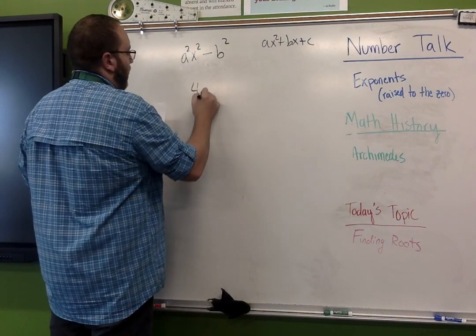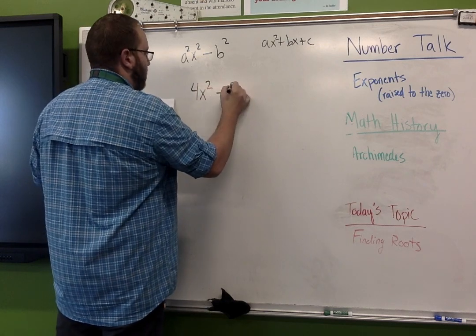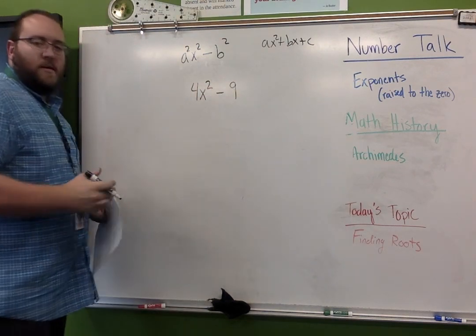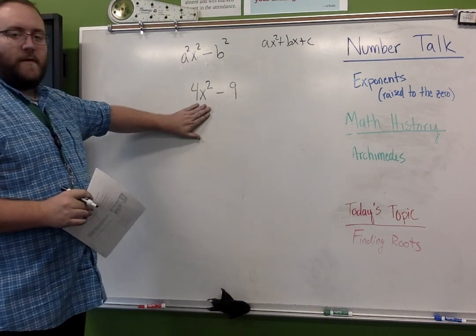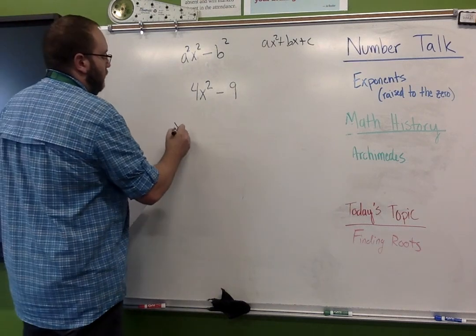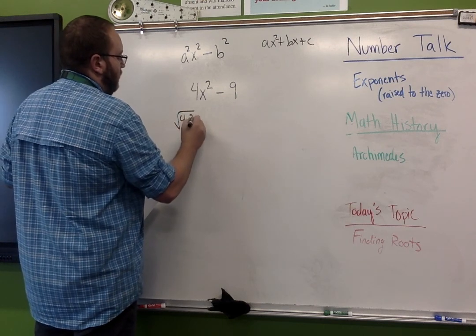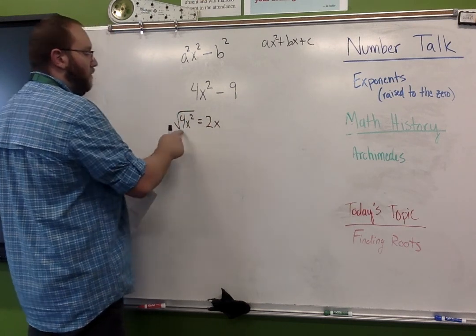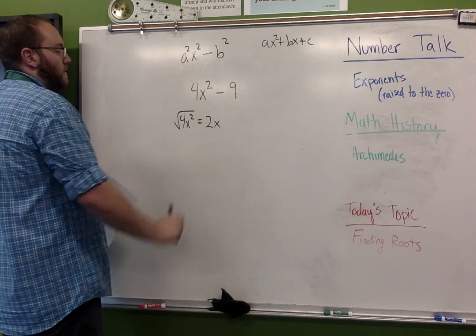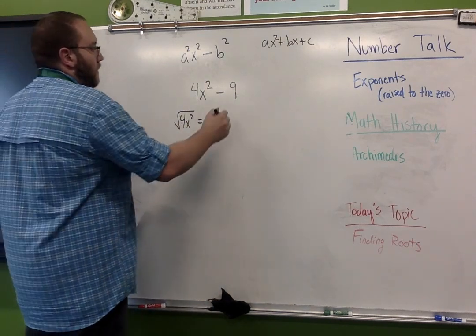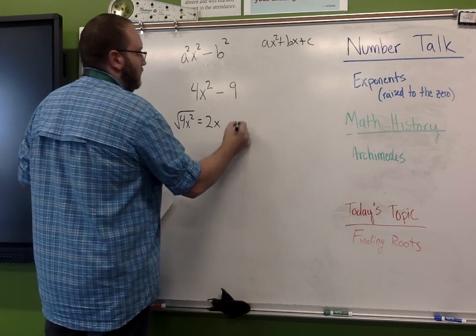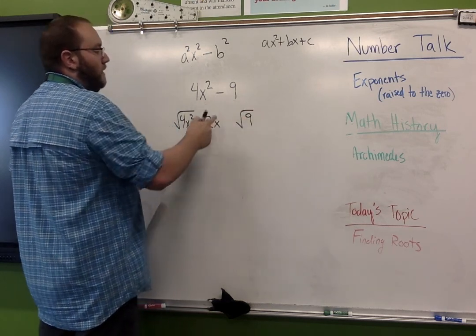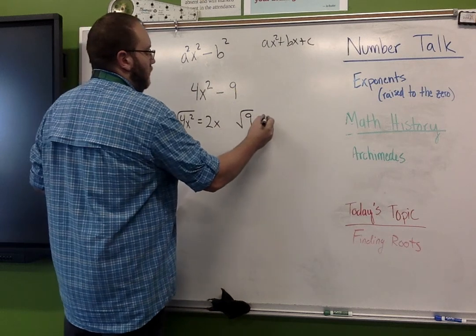So we have 4x squared minus 9. The super easy way of factoring this, or difference of squares: take the square root of the first term. So the square root of 4x squared is 2x, right? Square root of 4 is 2. Square root of x squared is x. And then take the square root of the last term. So square root of 9. Don't worry about the negative for this one, just the 9.